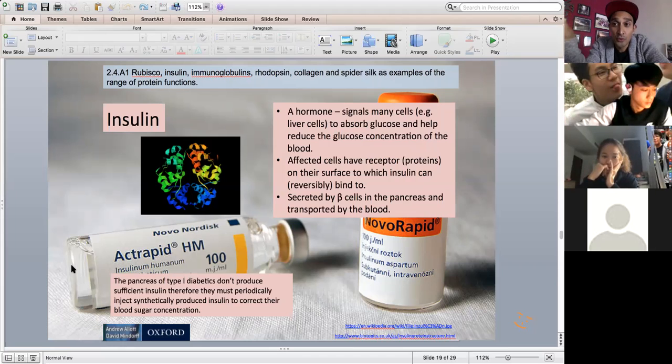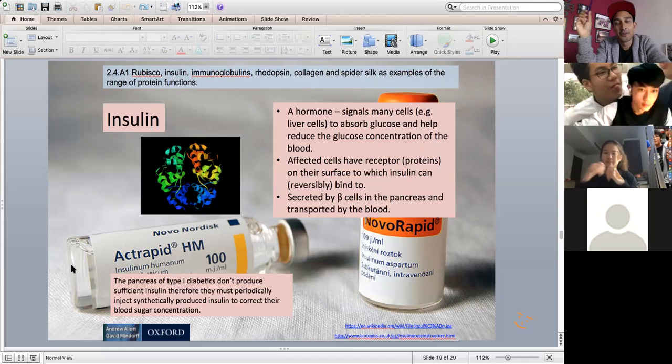It helps you to use or promote using sugar. So when you need to reduce your blood sugar levels, insulin is produced. What's the opposite of insulin? Glycogen? Close. Glucagon. Glucagon, good.